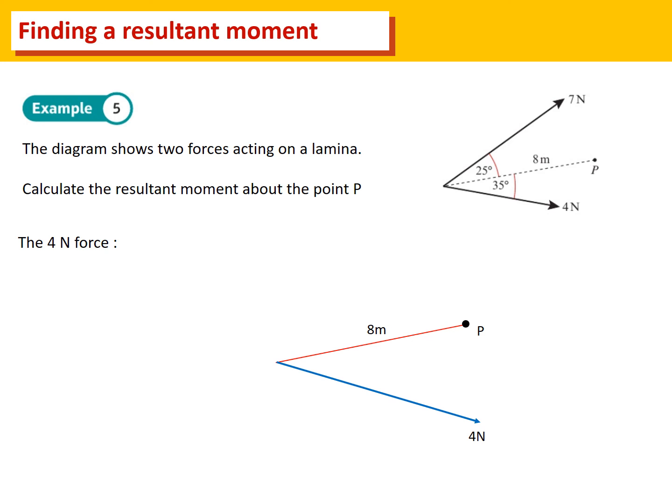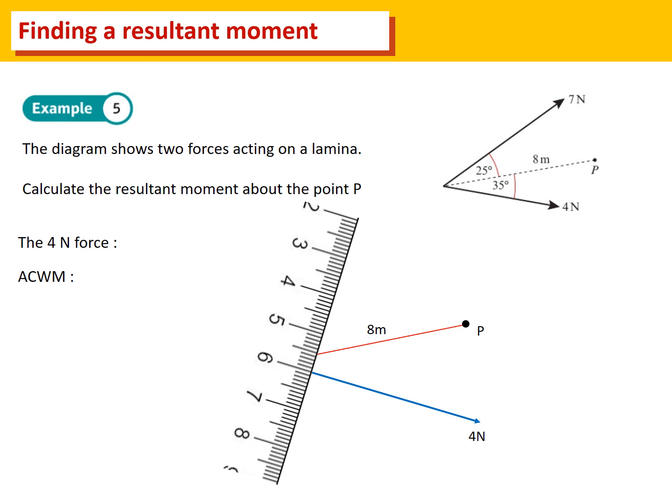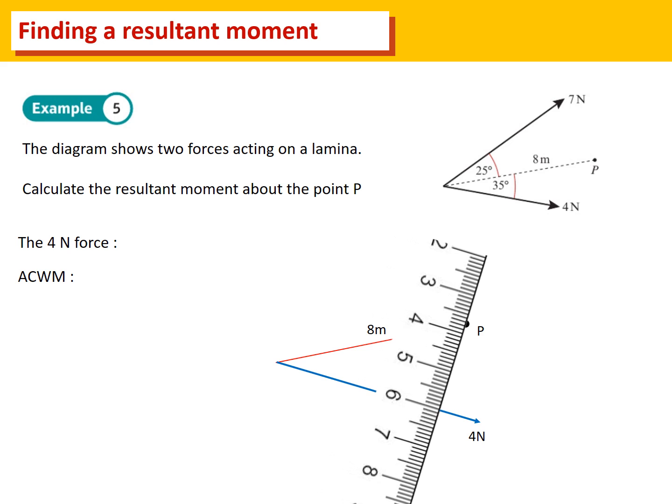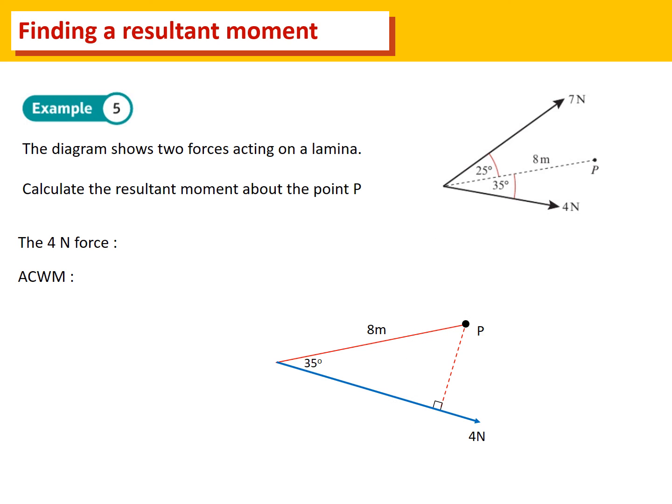For the 4 Newton force, as you can see, that's turning anti-clockwise, so that's an anti-clockwise moment. The line of action of the force for the 4 newtons, we want the perpendicular to that line of action, which passes through the point P. You mark it in, and that's 8 sine 35.